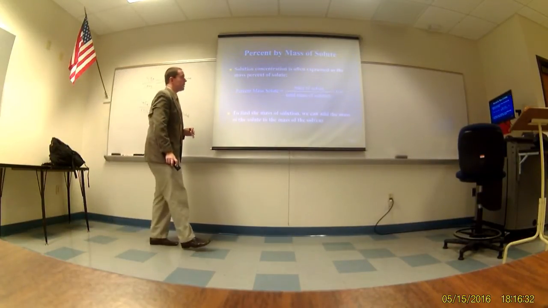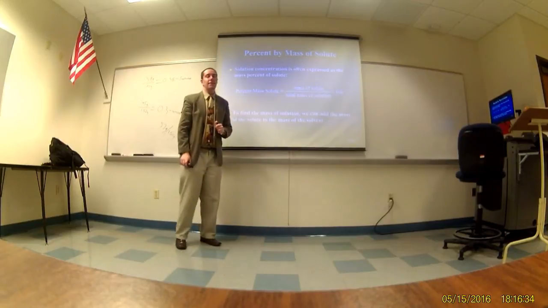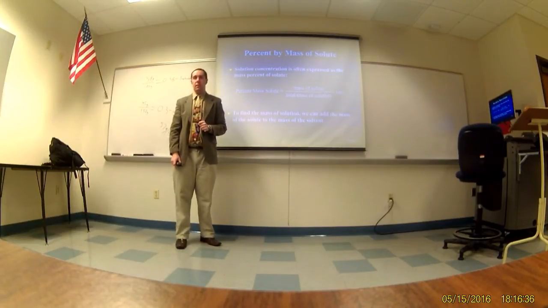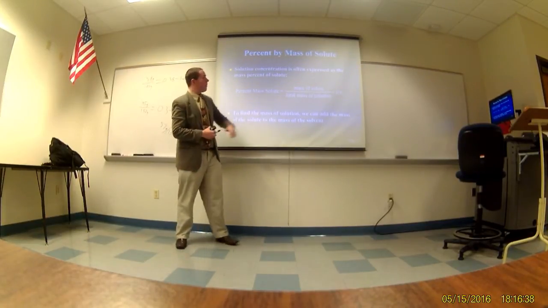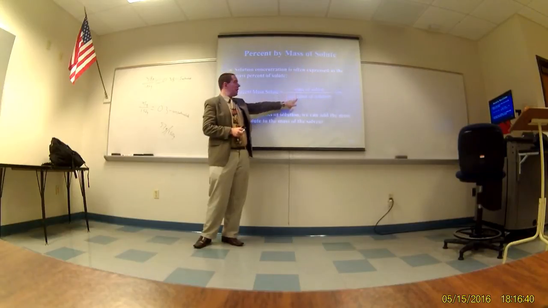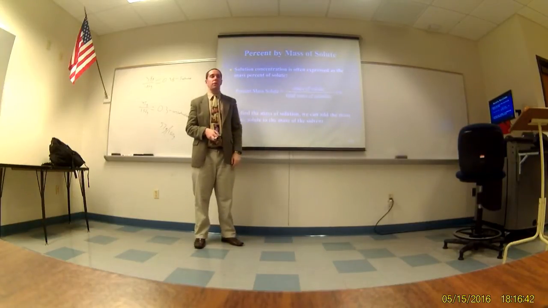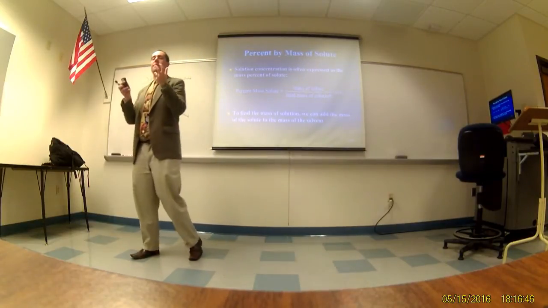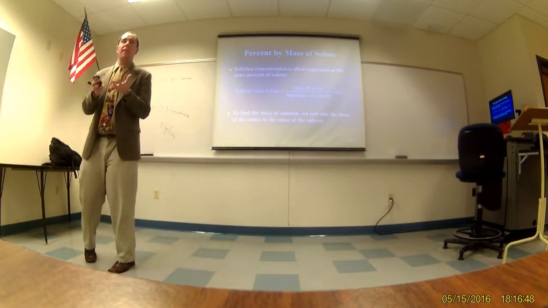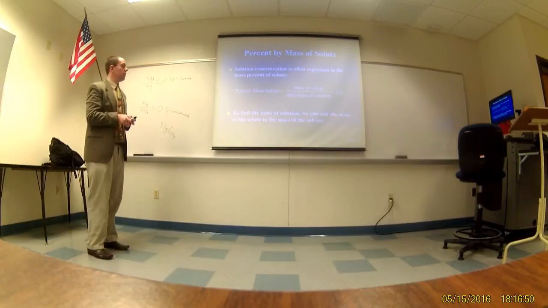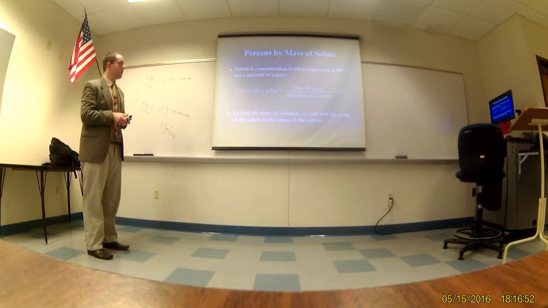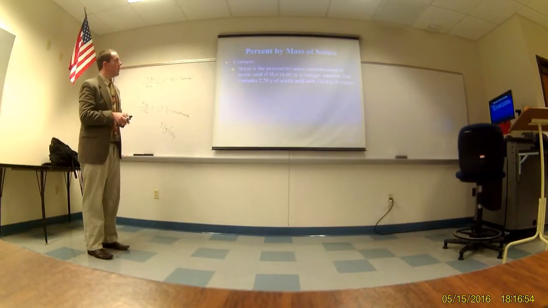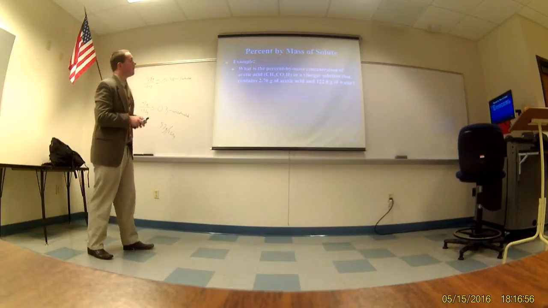So percent by mass is the first one, and it is easy. Take the mass of the solute divided by the total mass of the solution times 100. It is literally calculating what percent of your solution is your solute. Here's an example.